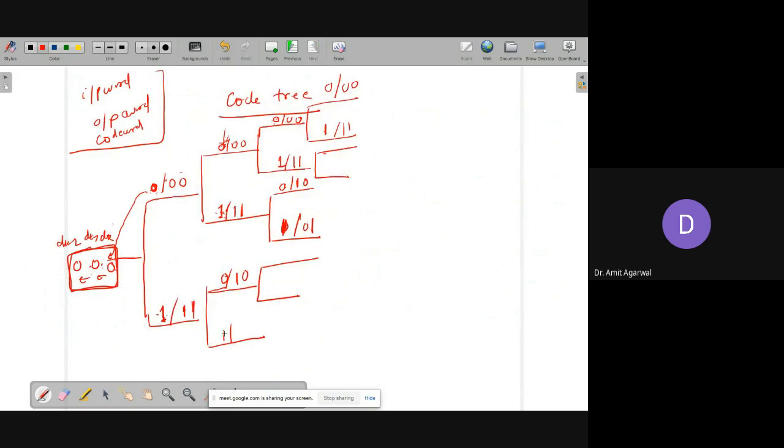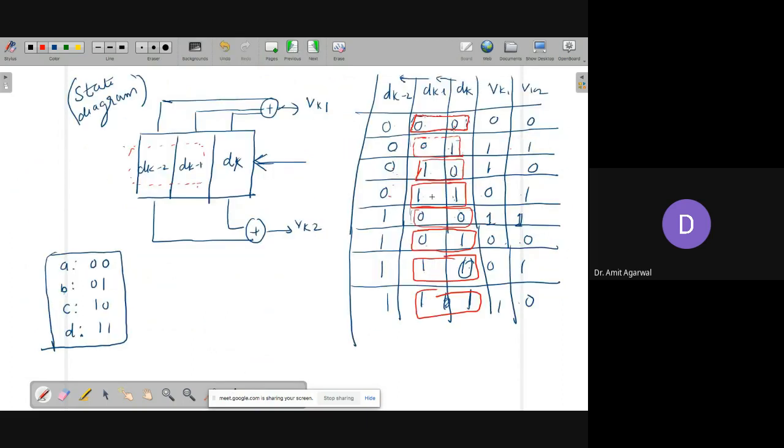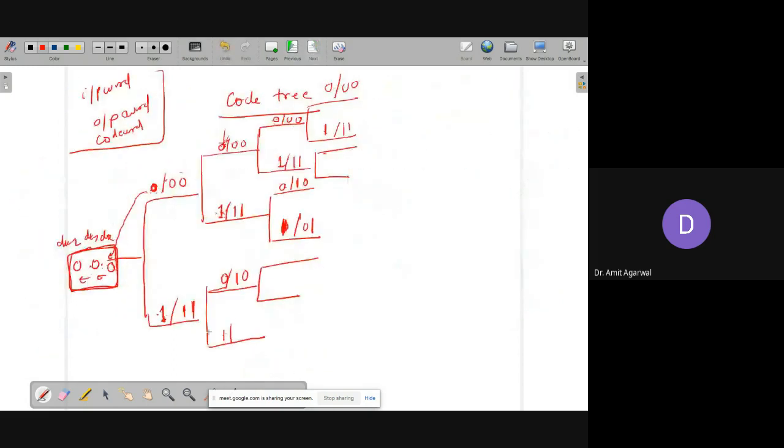And 1, 1, 0: the output is 0, 1. So if you make this table like this, you will see the next will be 0 1 1 1 1 0. We have already made it, so just do this exercise at your home.